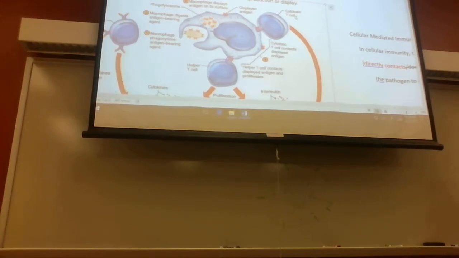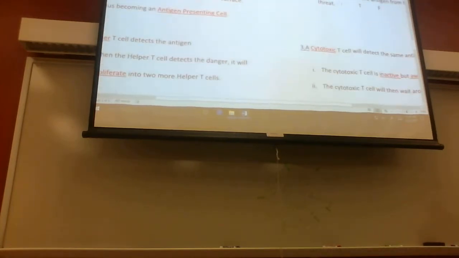Step 2, so you can write this in: a macrophage displays, what does a macrophage display? The antigen on its surface. Thus, the macrophage becomes an antigen presenting cell. So going on the left side or the right side, we're going to see the other part of step 2. We're going to go over here to this one.